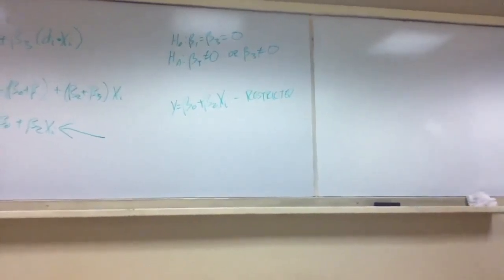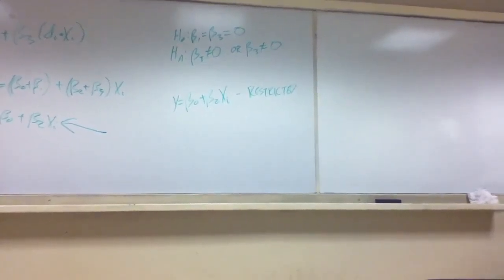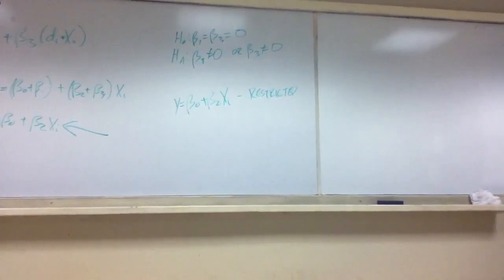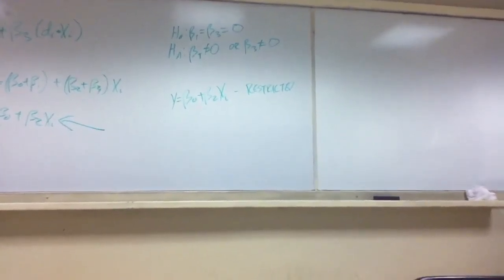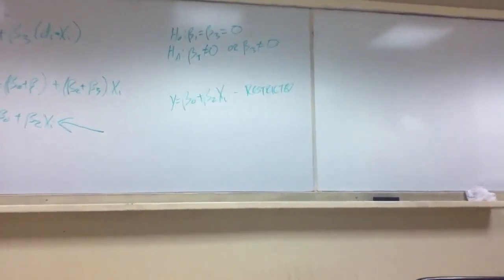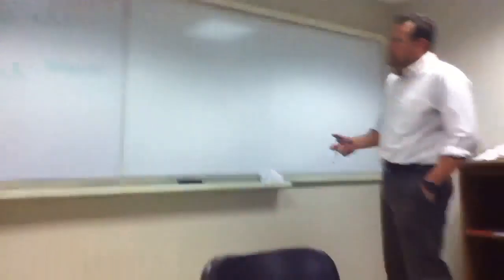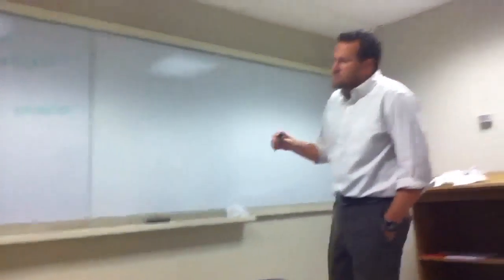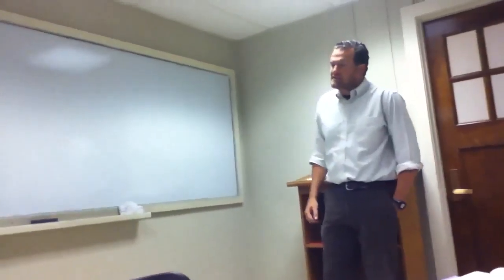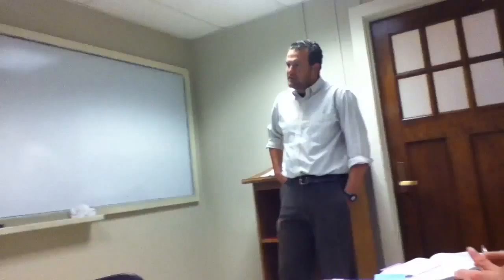We run each of these regressions, get R squared, and calculate our F statistic. If that F statistic is greater than the critical value that we look up in the book, we reject the null hypothesis. Otherwise, we don't. Take a look at that question. It's some good practice with binary variables.